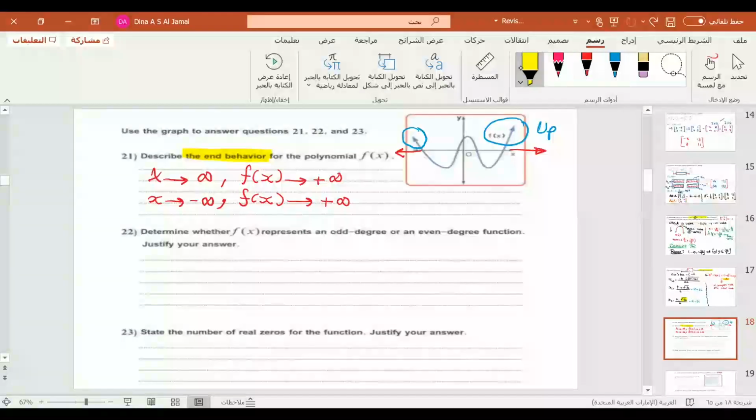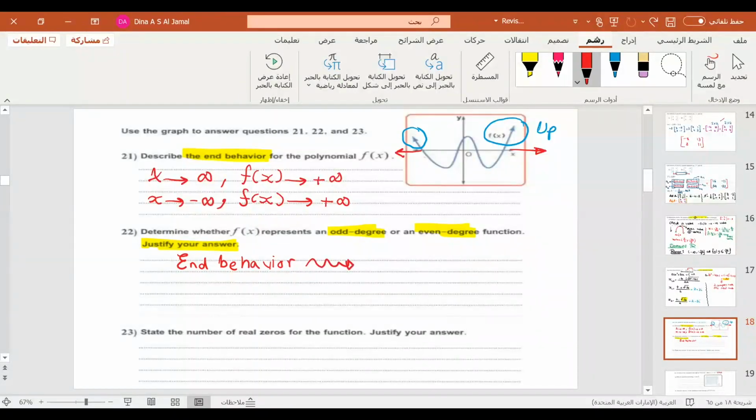Determine whether f of x expresses odd degree or even degree and justify. Now, how can I know whether I have odd or even? It always depends on your end behavior, which you found. Looking at the end behavior of f of x, we notice that both arrows will be going in the same direction. So you have the same direction of the end behavior.